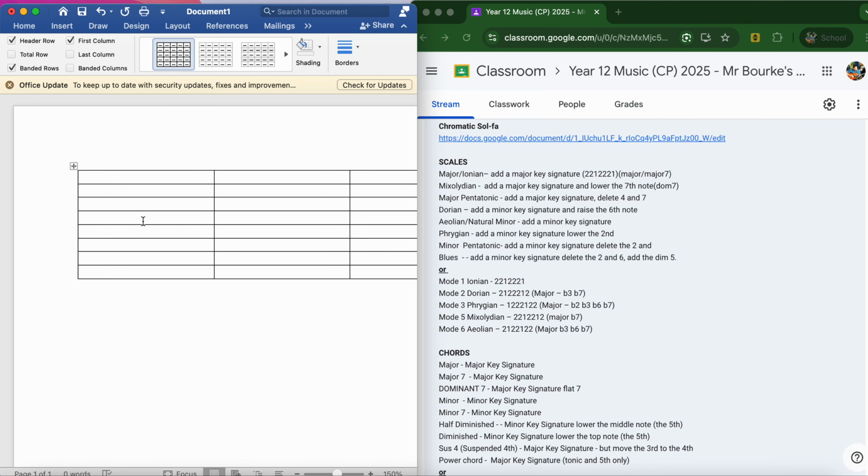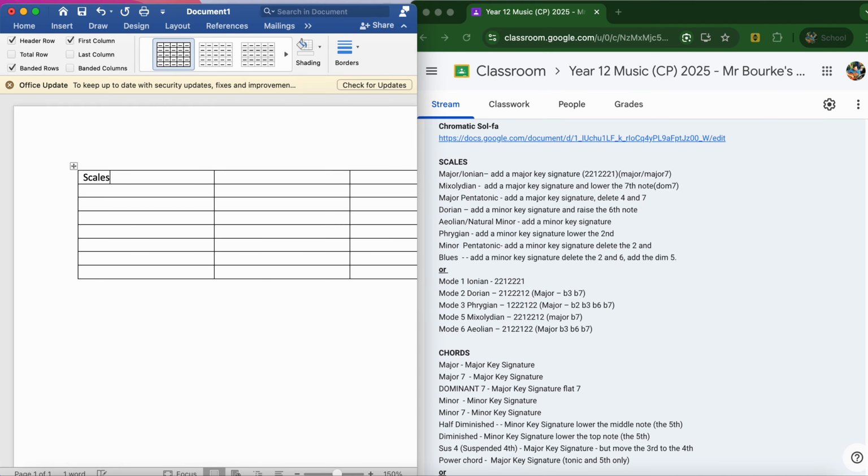So the first question, we only need to know chords and scales up to 2 flats and sharps. So we don't need to know really tricky ones, the ones down the bottom. So I'm going to write down some scales first.